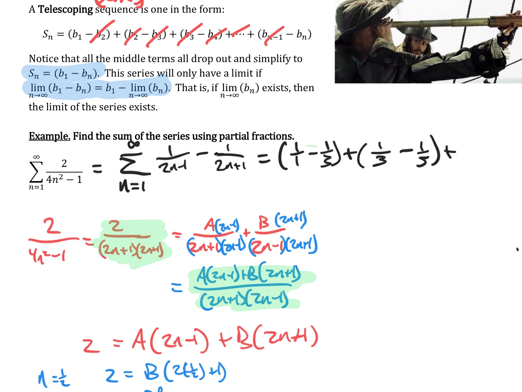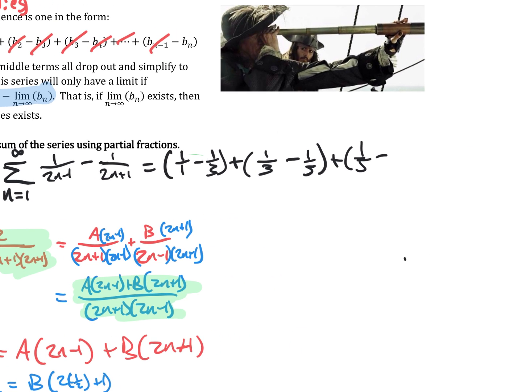That's the second term. The third term, plug in 3: 2 times 3 is 6, minus 1 is 5, that's 1/5, minus, plug in 3, 2 times 3 plus 1 is 1/7. Dot, dot, dot.